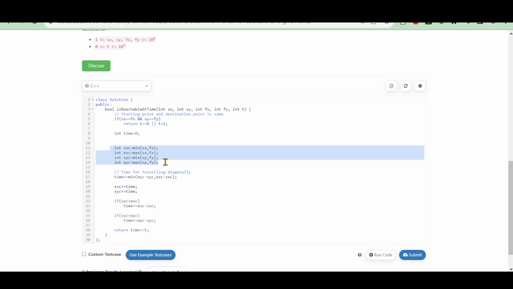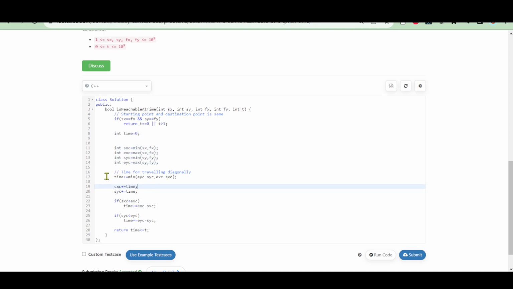In these statements, I have only ensured that the starting x coordinate remains the minimum of the starting and ending x coordinates. Similarly for y.